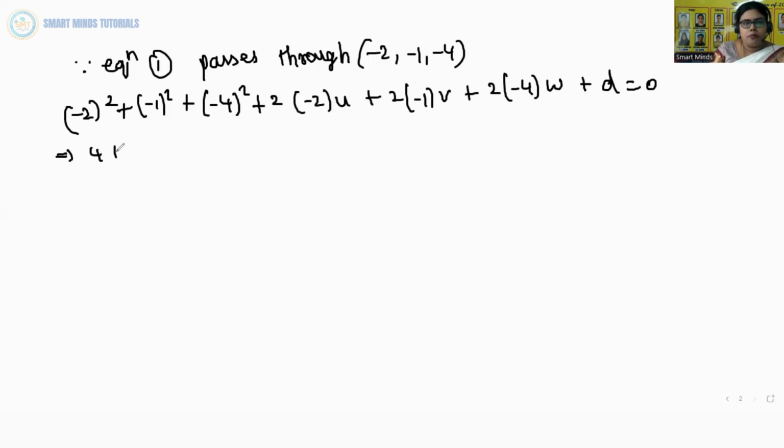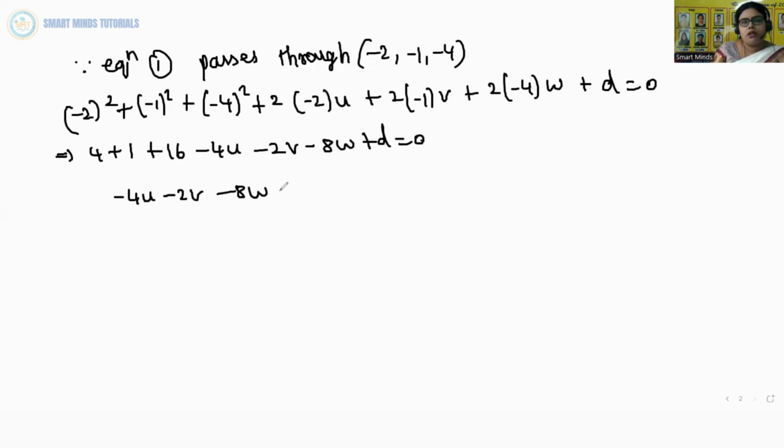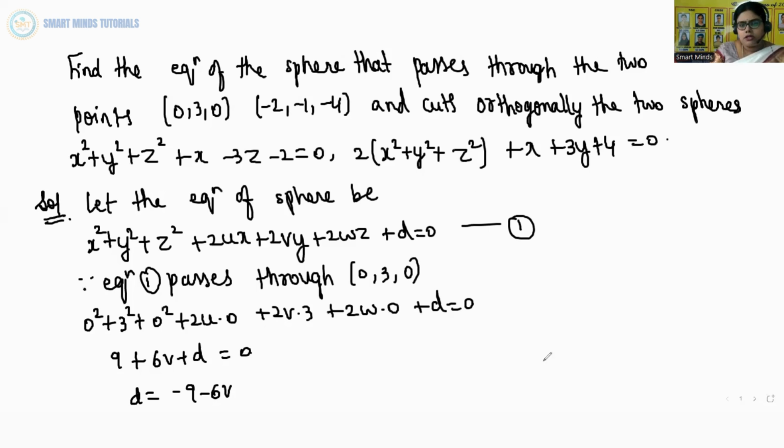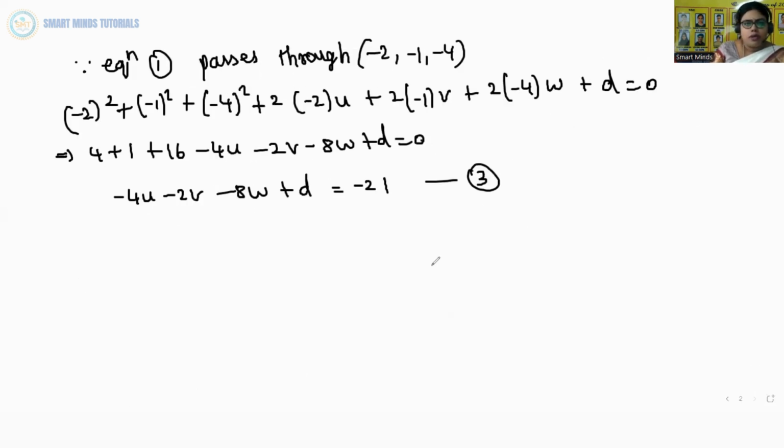So we get 4 plus 1 plus 16 minus 4u minus 2v minus 8w plus d is equal to 0. So minus 4u minus 2v minus 8w plus d is equal to minus 21. Okay, so this is equation number 3. Over here we got the d value, right? Take that as equation number 2 and this as equation number 3.